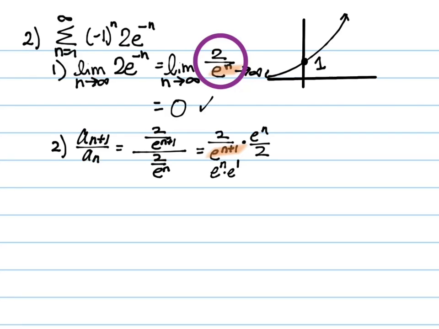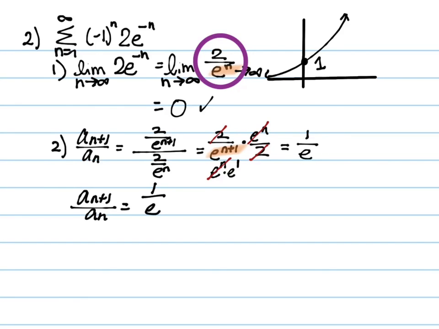Okay? That's actually a more helpful way of viewing this, because if you take a look, then the e to the n's cancel and the 2's cancel. So this actually leaves me with simply 1 over e. So let's go back to what we have. I have a sub n plus 1 over a sub n equals 1 over e.